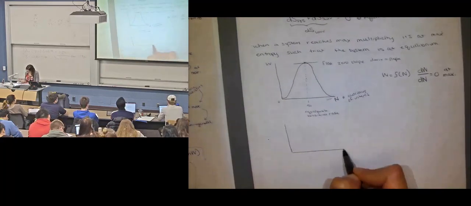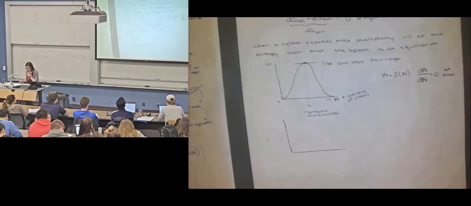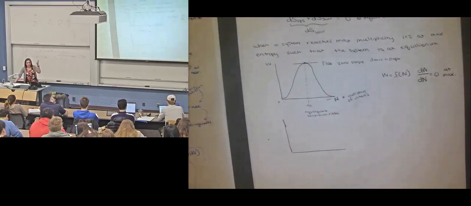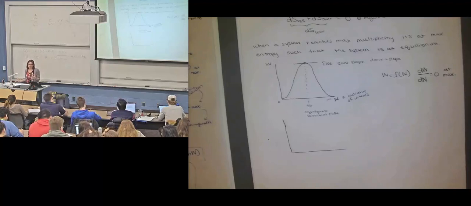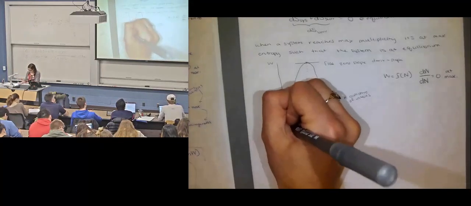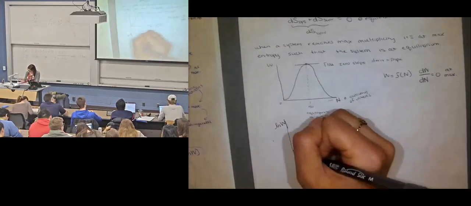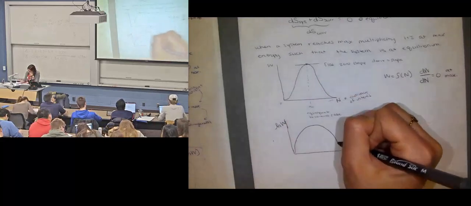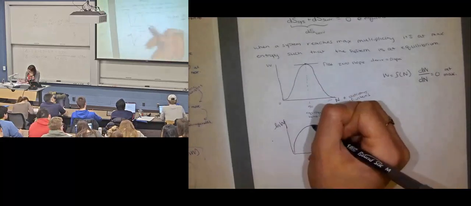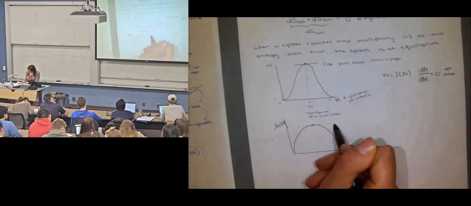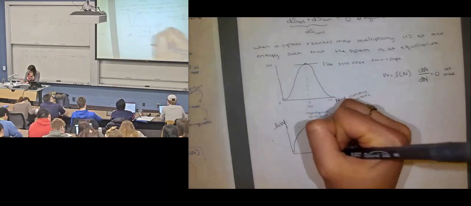So Boltzmann came along and recognized this and realized that he needed a function where the maximum will have a 0 slope, because that'll be the most highly maximized entropy. And multiplicity is great, except it's really hard to work with because it gets really, really big, really fast. So if you plot the natural log of multiplicity, the shape of the curve looks something like this. It still has 0 slope at the point of maximum multiplicity.